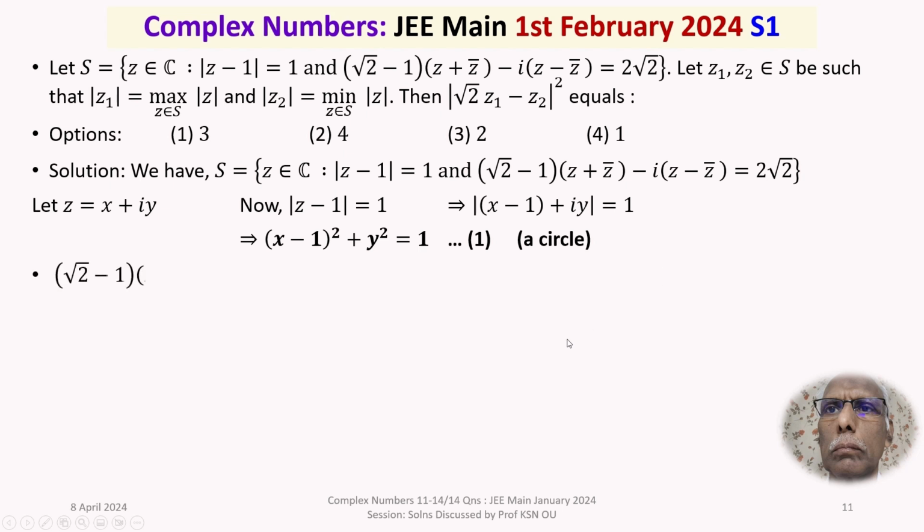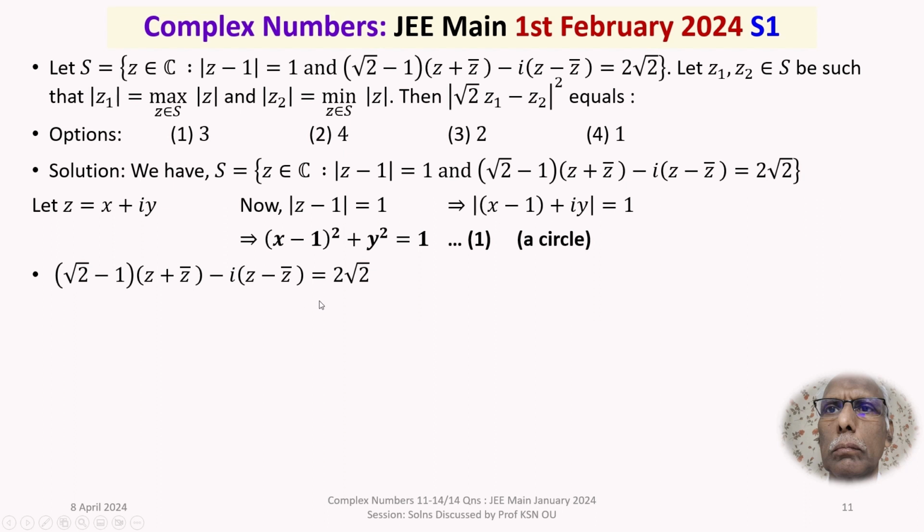Right. Now take the other equation, root 2 minus 1 multiplied by Z plus Z bar minus i into Z minus Z bar is equal to 2 root 2. Z bar is X minus iY, Z is X plus iY, Z plus Z bar is twice the real part, that is 2 times X. And Z minus Z bar will be 2iY.